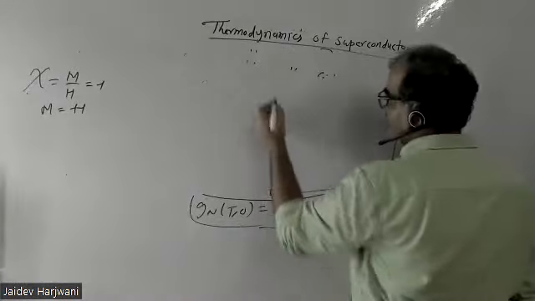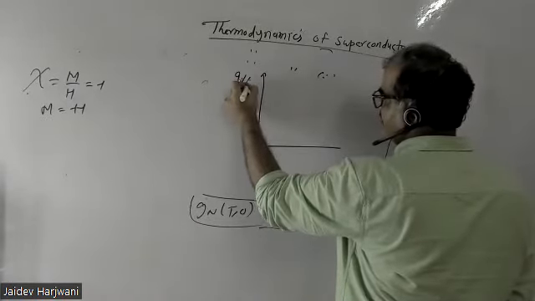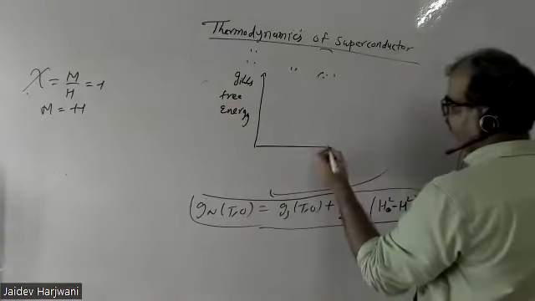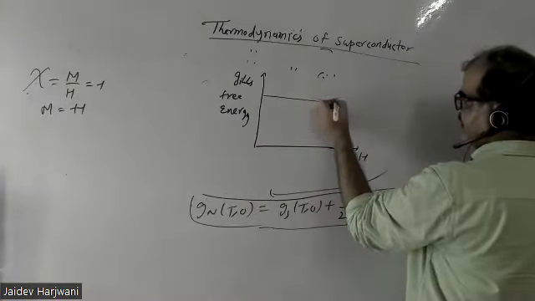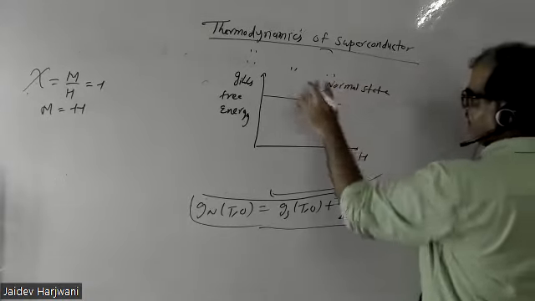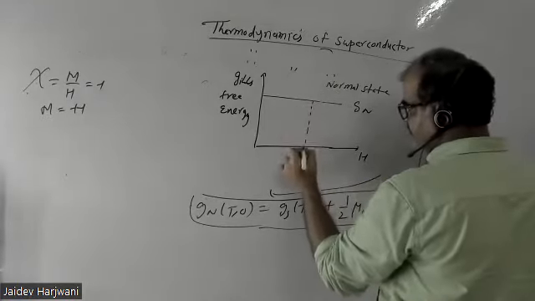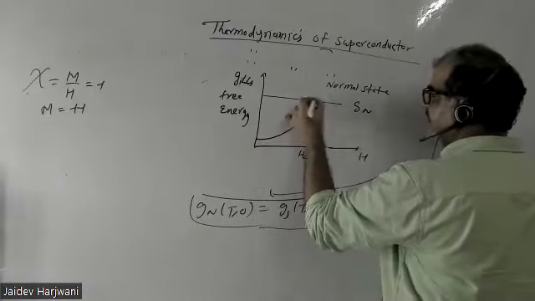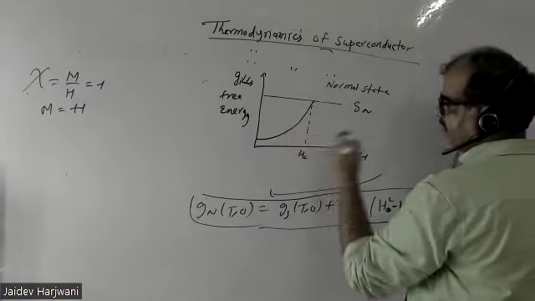So if I plot the Gibbs free energy versus magnetic field, for the normal state, GN is constant. For the superconducting state, up to H equal to Hc it is increasing, meeting the normal line at a point, and they both become equal at H equal to Hc.